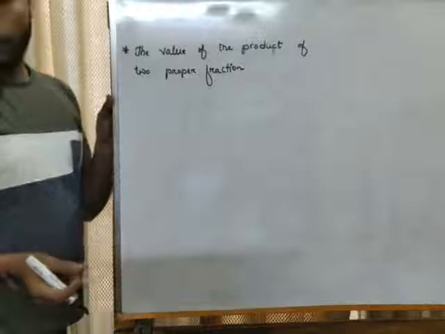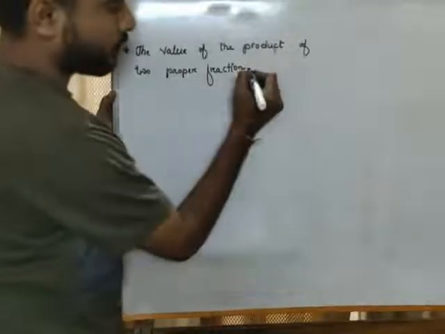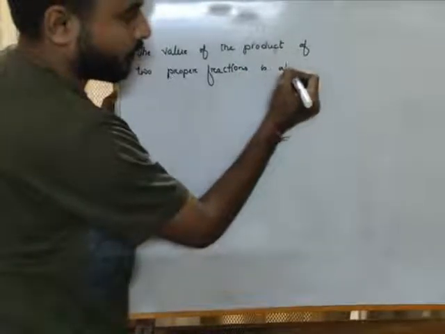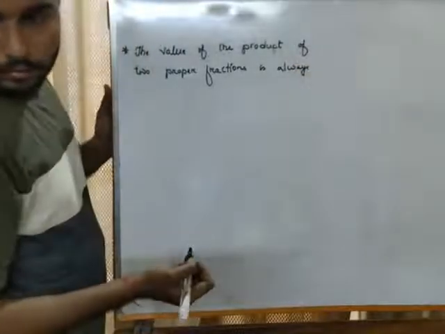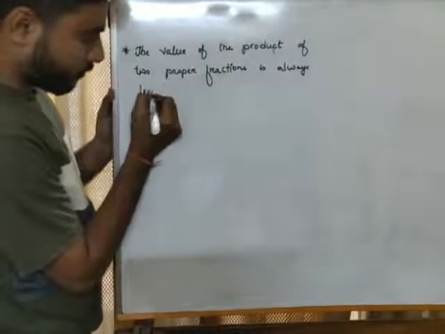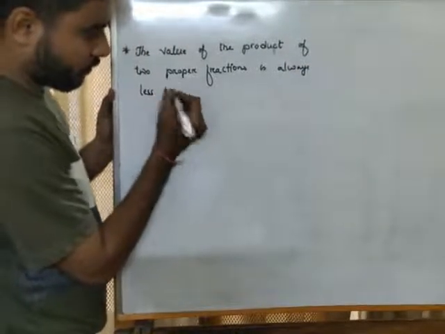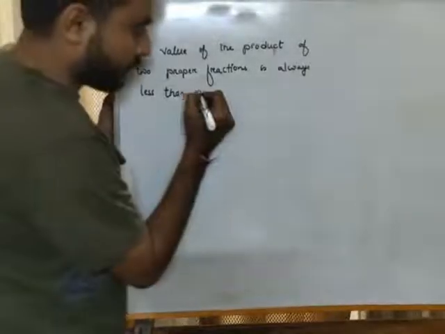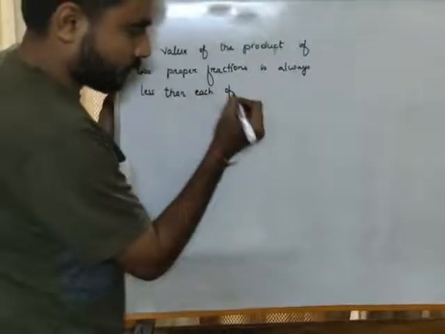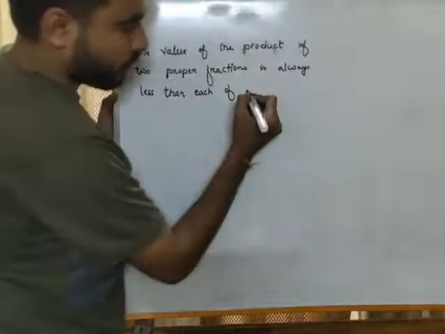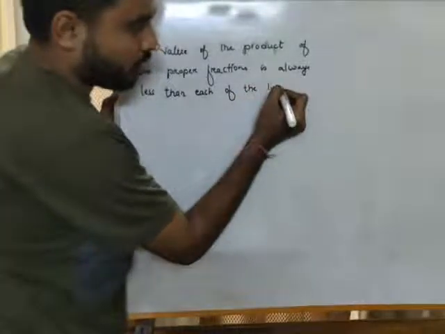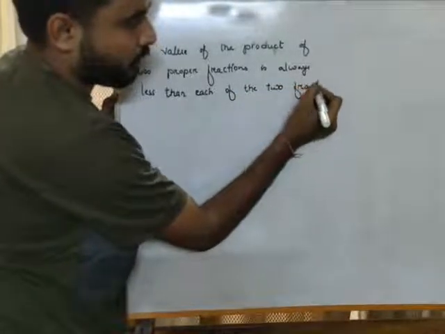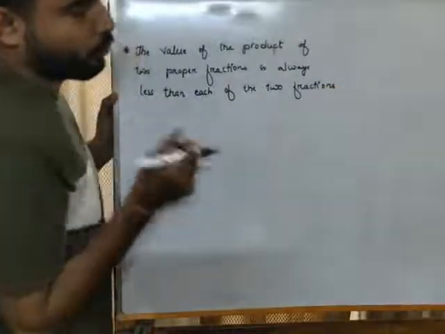The value of the product of two proper fractions is always less than each of the two fractions.